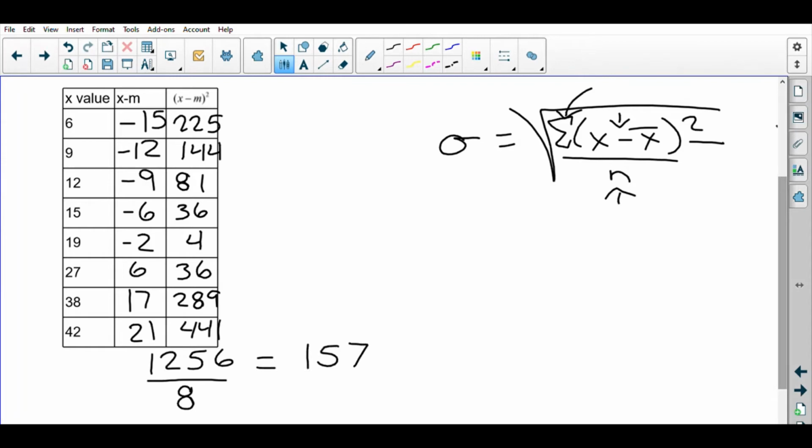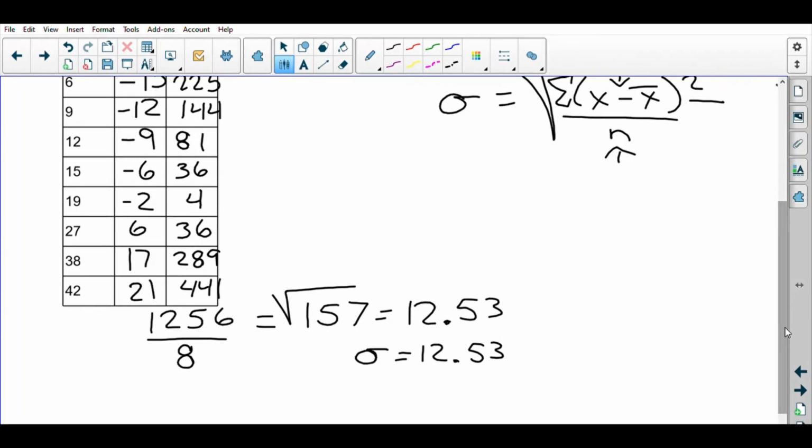Lastly, I need to square root. So I'm going to square root 157, and I get 12.53. My standard deviation is 12.53. You can represent standard deviation with that lowercase sigma, or just put SD, standard deviation.